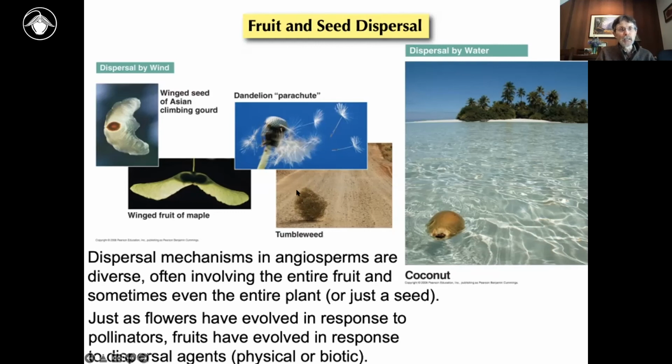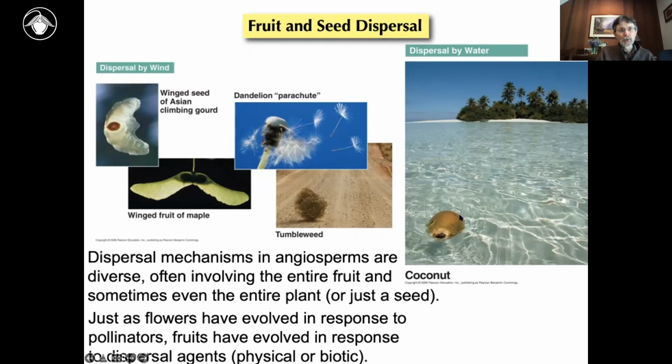In the case of the tumbleweed, members of the genus Salsola in the Chenopodiaceae, we have the entire plant above ground as the dispersal unit. It dries up, breaks free from the base of the plant, and the whole plant blows in the wind, and all the associated fruits on that plant are dispersed. So there are various dispersal units that can occur. These are examples of abiotic wind dispersal.